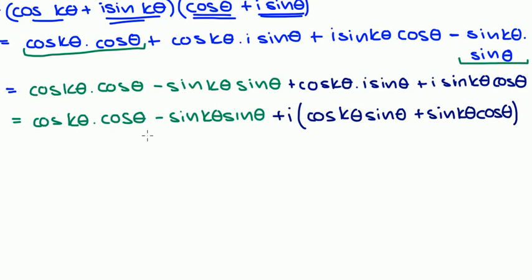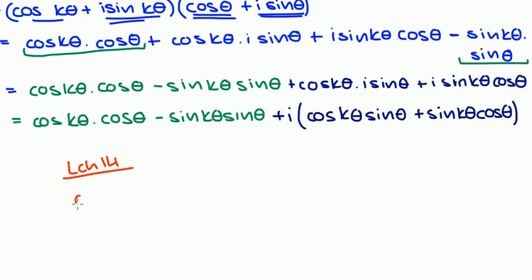For this next bit, I'm just going to pause for a second and identify the rule that I'm going to use for the next step. On page 14 of the log tables, we have our compound angle formulae. This is our trigonometry section.